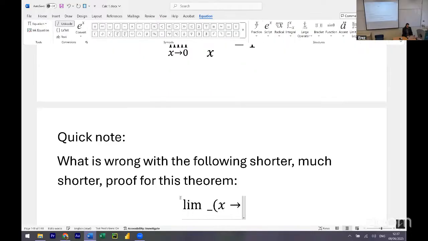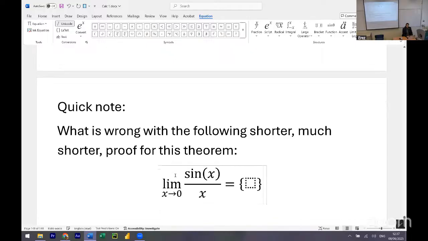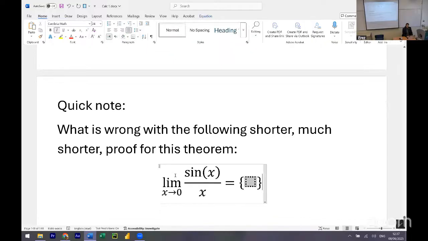I'll show you a proof using a tool which we didn't learn yet, we will in the future, that's not a problem. The numerator, where does that tend? Sine of x, where does that tend? 0, and the denominator? 0. 0, so which rule can we apply?